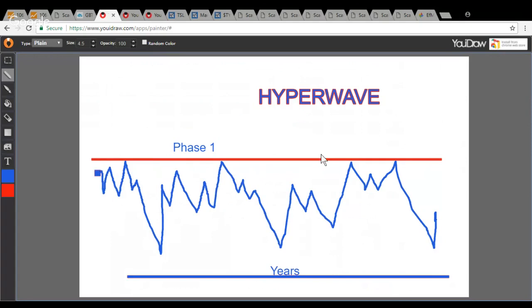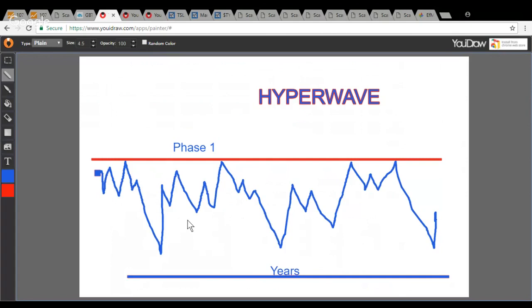The phase one line there was at 100, and it lasted for 14 years. From 1965 to 1982 in the Dow Jones Industrial Average, 17 years, the phase one line was at 1,000 on the Dow, and we could not break above it until 1982. So that is what a phase one line looks like.